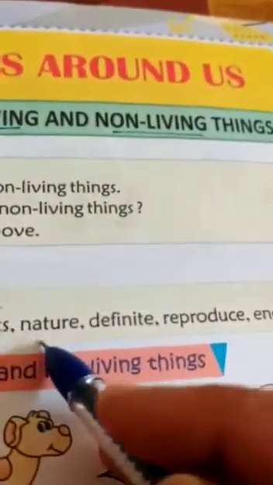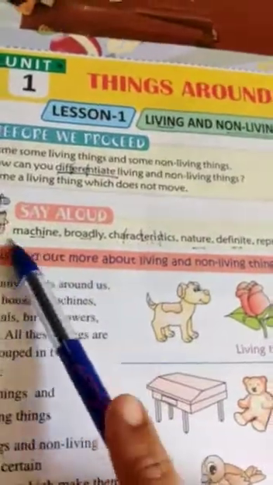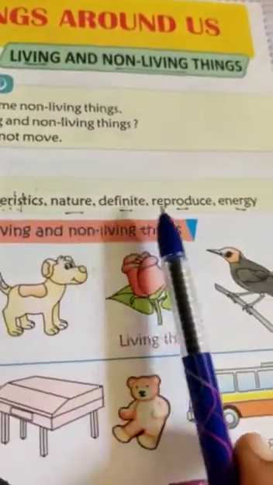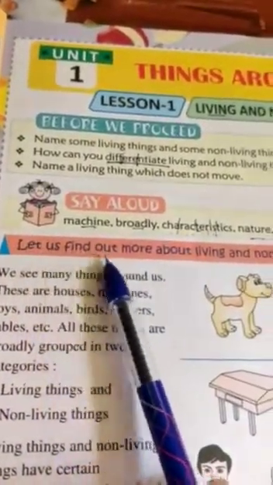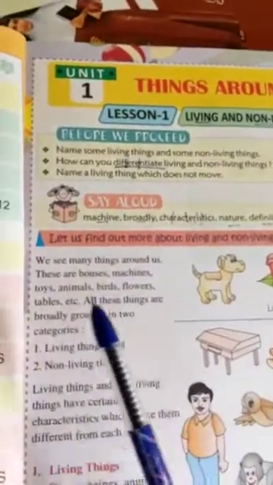Characteristics. Nature, definite, reproduce, and energy. I'm very happy to say that you got so many new words, but you'll have to work hard to study all of them. Let us find out more about living and non-living things.